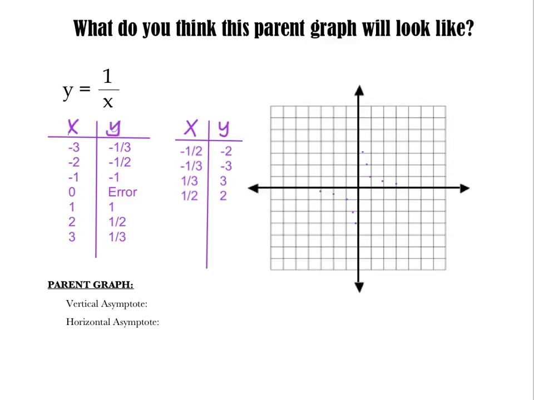And so what I notice is that the closer I get to the 0 value, it's diverging down here, and then here it's increasing up. So I can see that the parent graph is going to have this kind of two-part shape to it, where it's going to look something like that, and obviously continue at those ends.